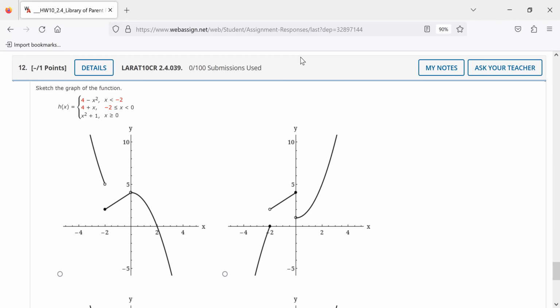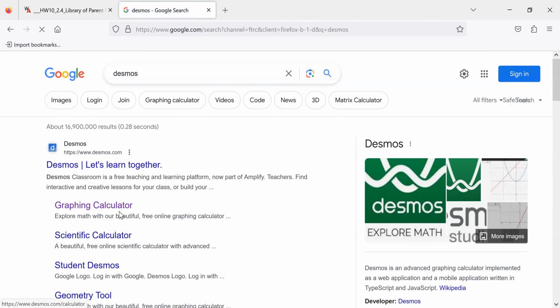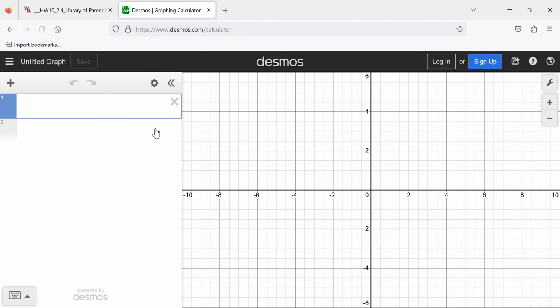I think. What's the easiest way to go about it? What we could do is graph it ourselves. I'm gonna draw it out on top of Desmos. That'd be better. I just need some graph paper.